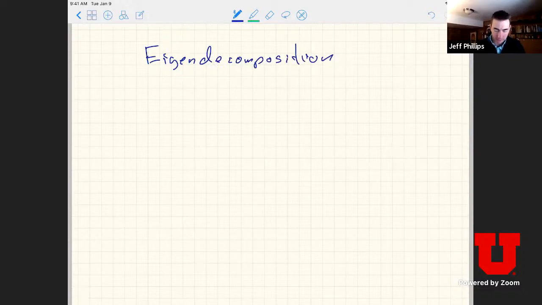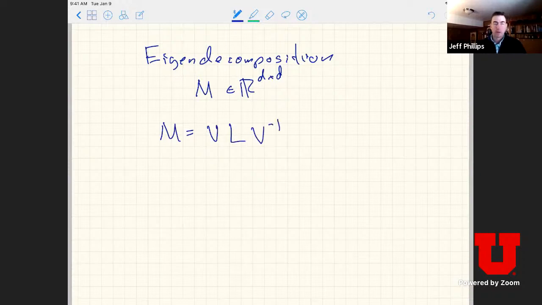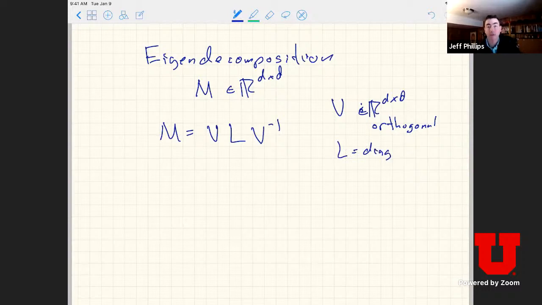Okay, and this is going to be for, let's say, M, which is in R d by d. I can write M as a product of V, L, V inverse, where V is in R d by d and orthogonal, and L is a diagonal matrix, also in R d by d.